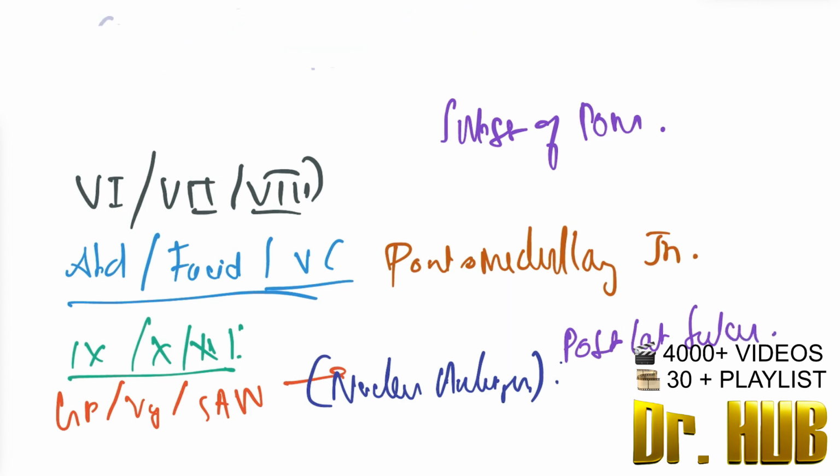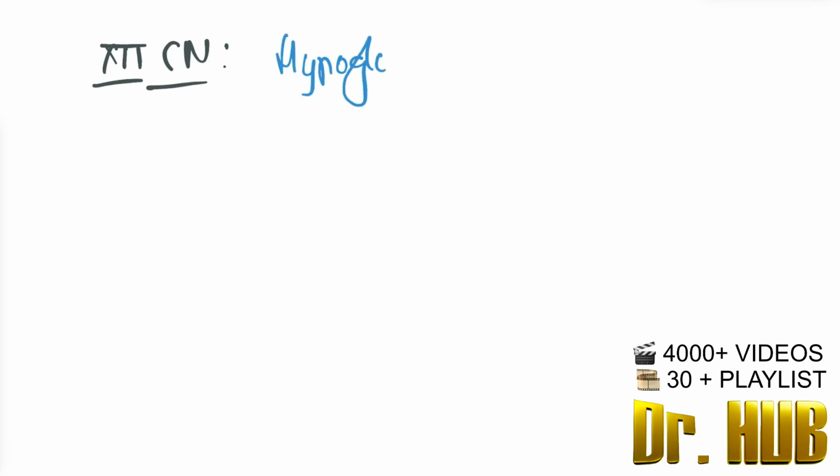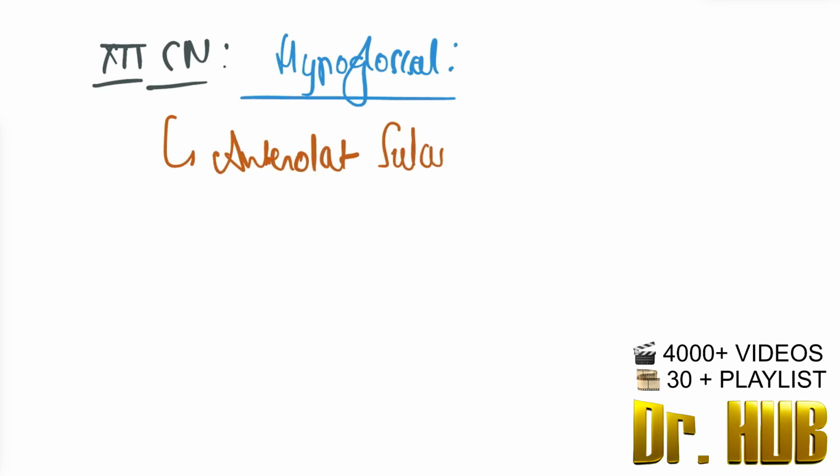Lastly, we move on to the cranial nerve 12. So what is the 12th cranial nerve? The 12th cranial nerve is nothing but the hypoglossal. So the hypoglossal nerve is in the anterolateral sulcus.